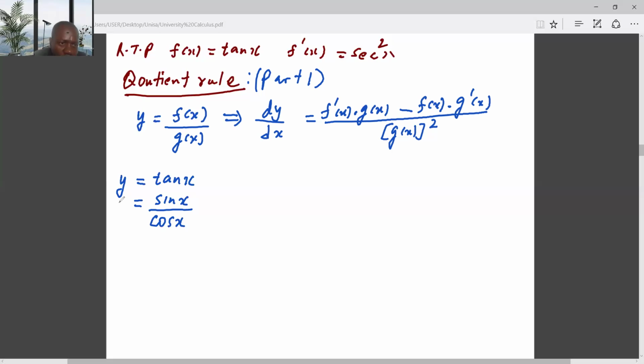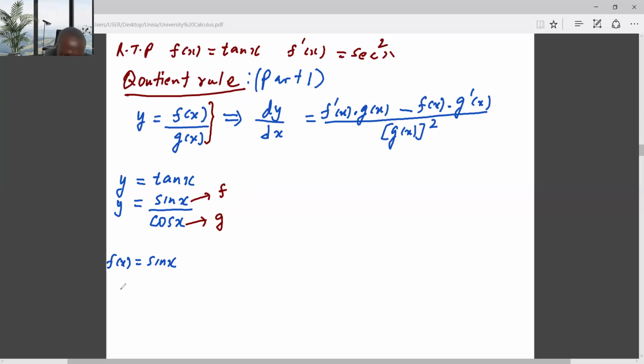And because it is in the form of a fraction, we're going to take the numerator as the f, denominator as the g, like what we have done here. And to do that, what is my f of x? My f of x here is sine x.